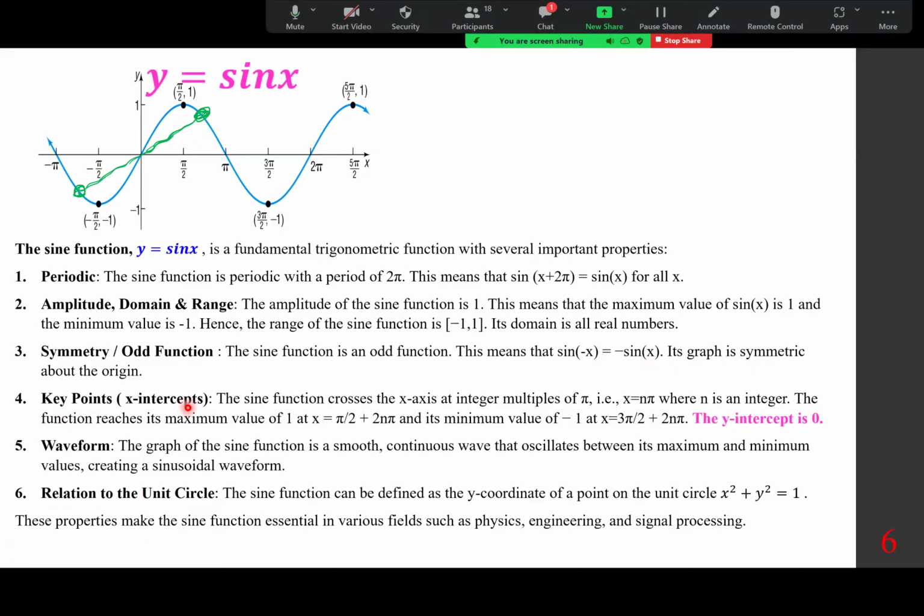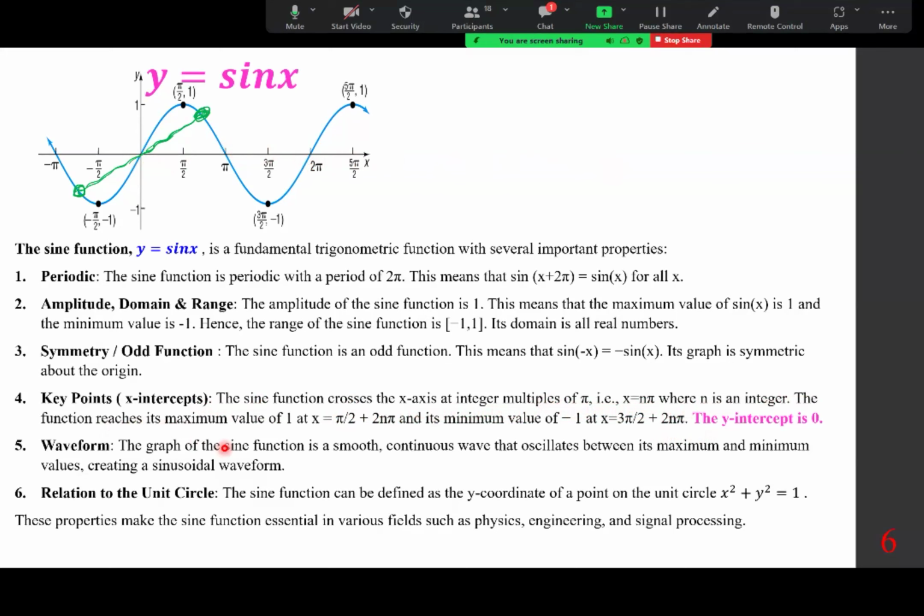Key points, x-intercepts. The sine function crosses the x-axis at integer multiples of pi, i.e. x equals n pi, 0, pi, 2 pi, 3 pi, and so on, where n is an integer.